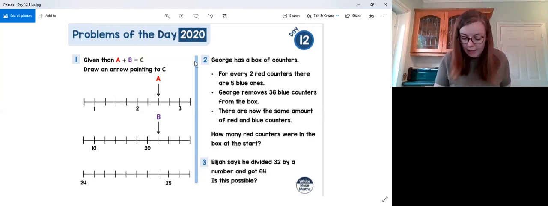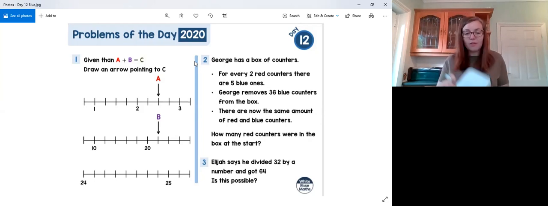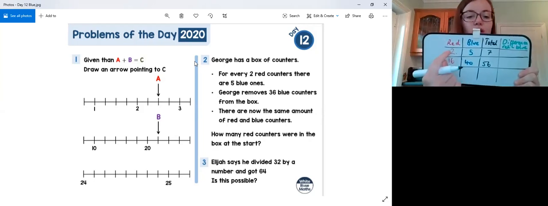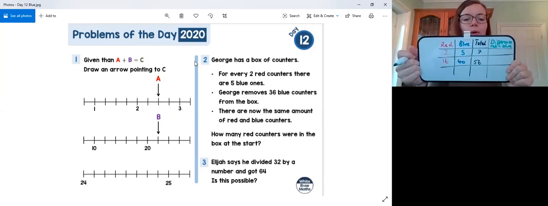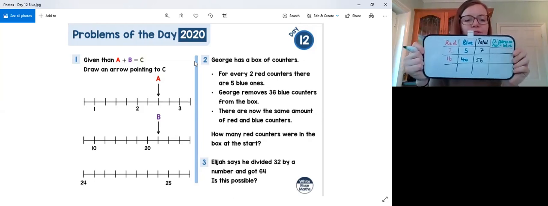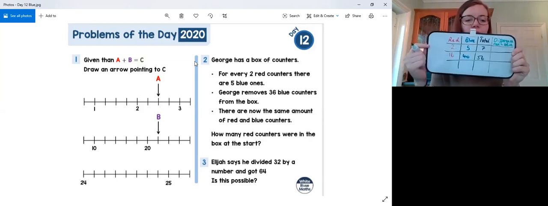We are going to look at the difference between red and blue. Okay, now in the first lot we had 2 red and 5 blue. Now what's the difference between 2 and 5?